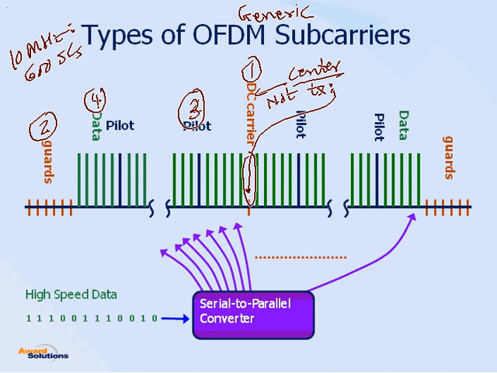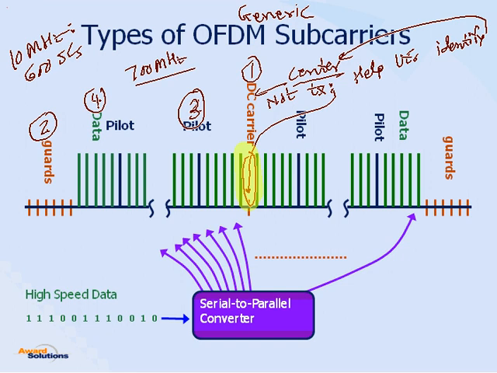And one use of that is it will help UEs identify the center of the spectrum. So let's say you are a UE and you are looking for the center of the spectrum. You are programmed to look at 700 megahertz. But when you power on, you do not have an exact idea of where 700 megahertz is.